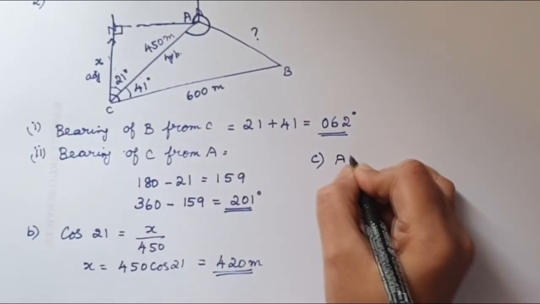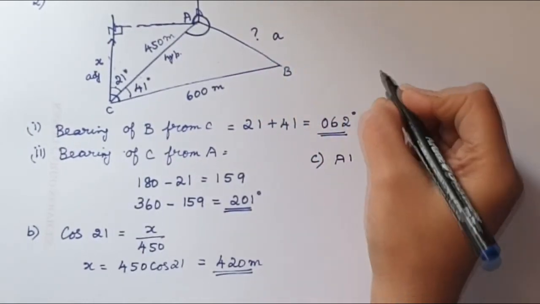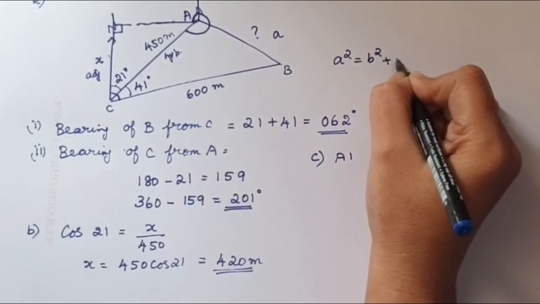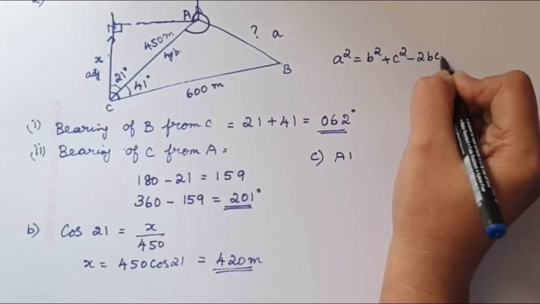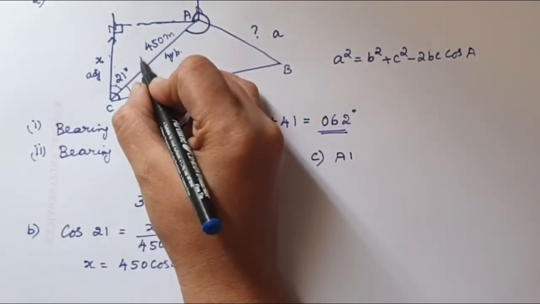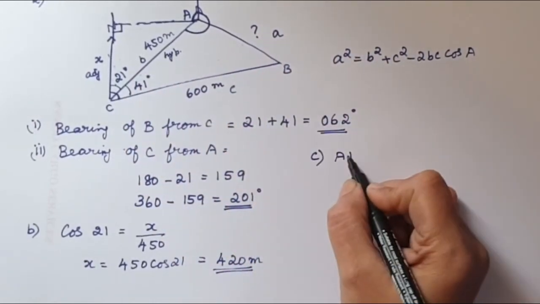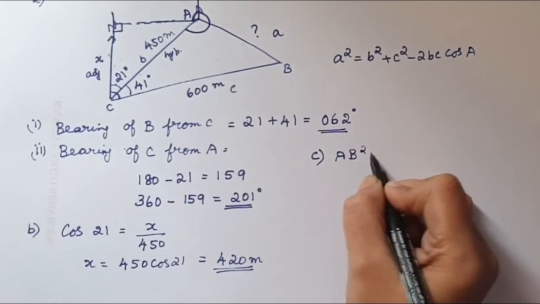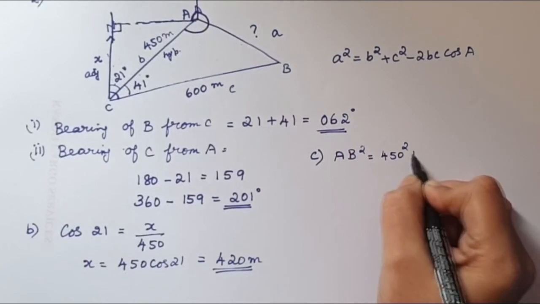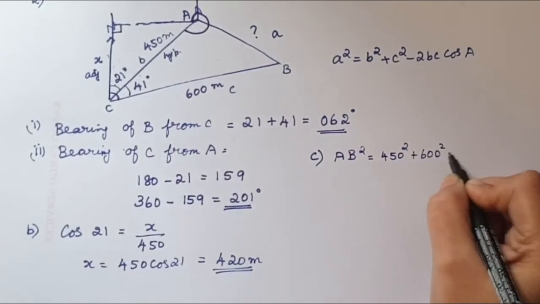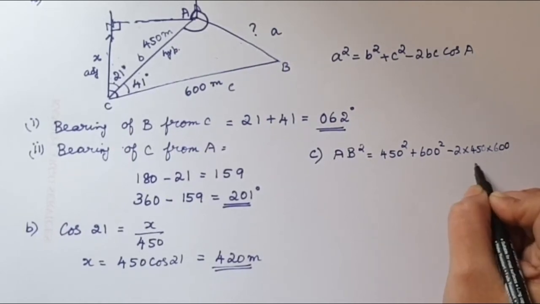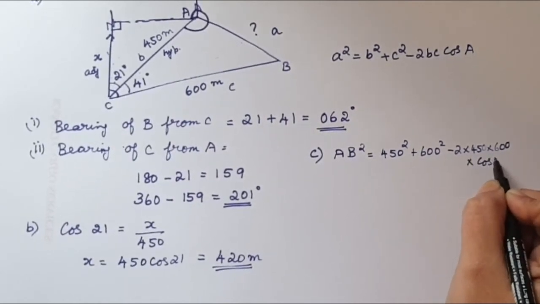So AB square, this will be our A. And our cosine rule is A square equal to B square plus C square minus 2BC cos A. So now this is our A, this is our B, and this is our C. So AB square equal to 450 square plus 600 square minus 2 into 450 into 600 into cos 41.